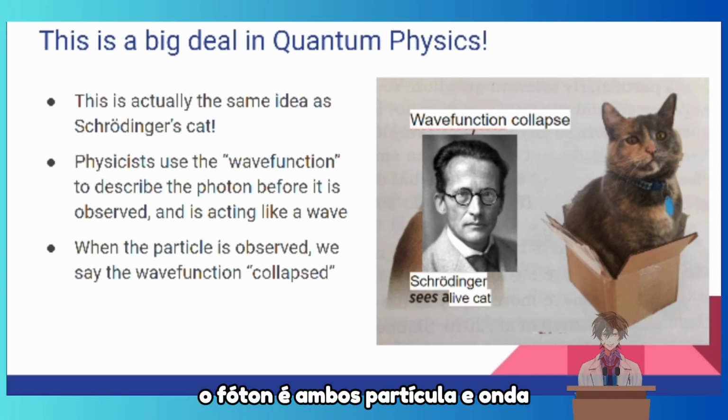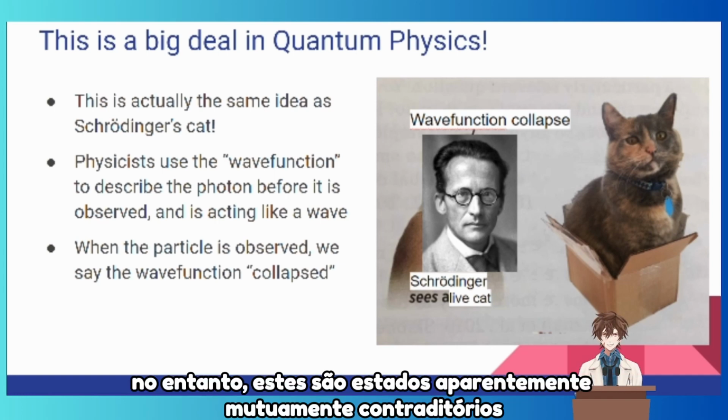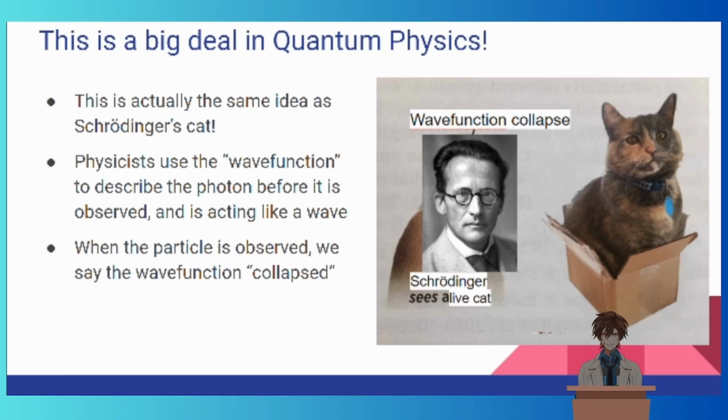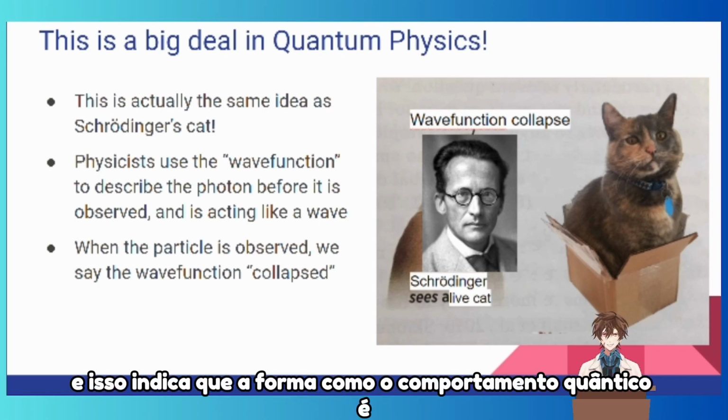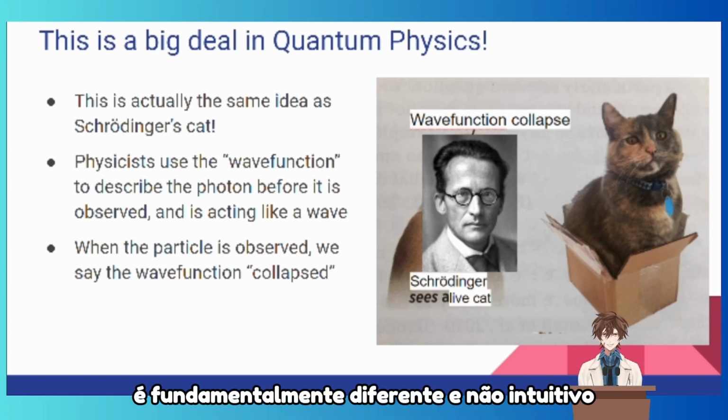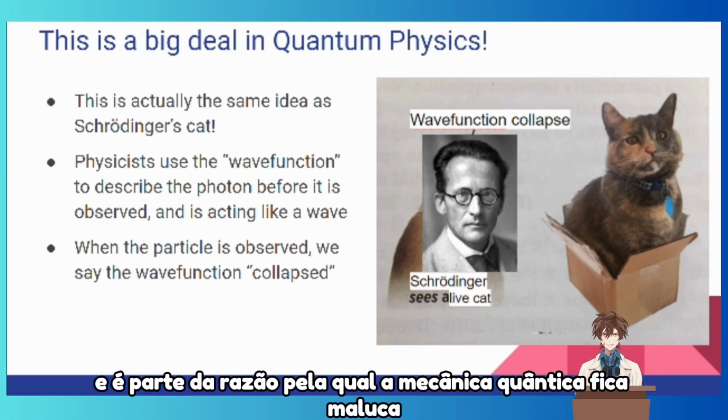The photon is both particle and wave, yet these are seemingly mutually contradictory states. And when we apply them to something like a cat, it's alive and dead. That indicates that quantum behavior is far, far removed from anything we experience at our scale. It's fundamentally different and unintuitive, and it's part of why quantum mechanics gets wild.